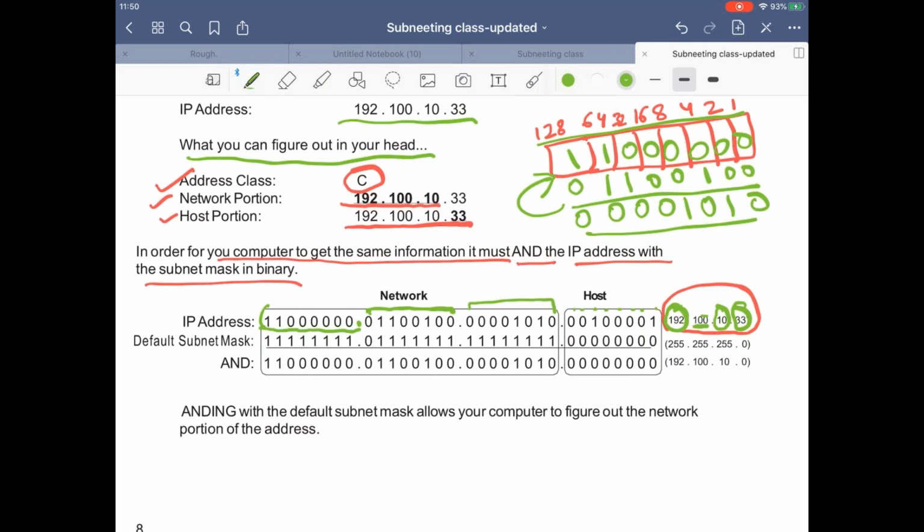Now, the default subnet mask. Your system will do this in a fraction of a second. So the default subnet mask is 255.255.255.0.